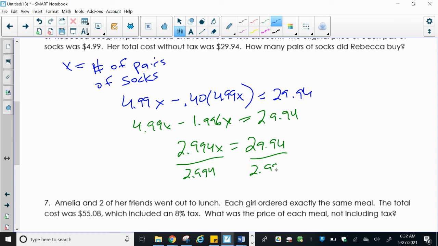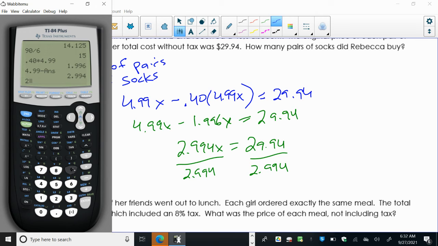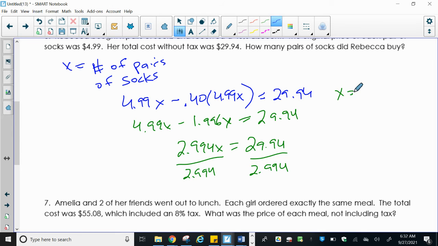Divided by 2.994. That's why we don't round in the middle of the problem, because if we did, we probably wouldn't have gotten that exact answer. How many pairs of socks did we buy? 10 pairs of socks.